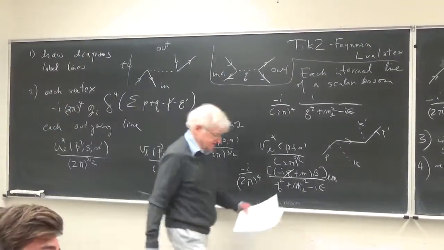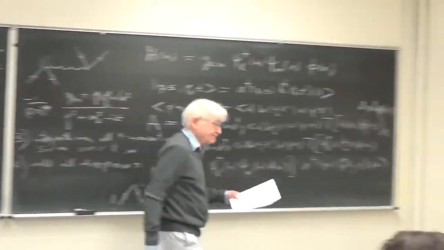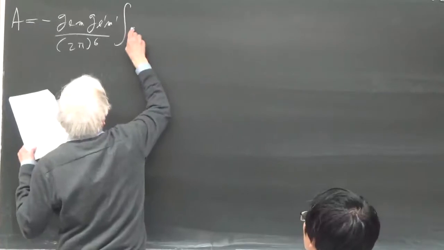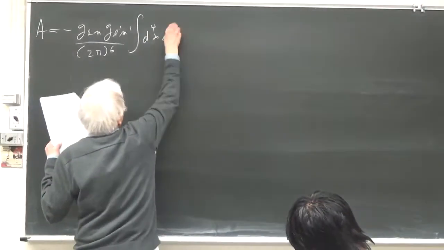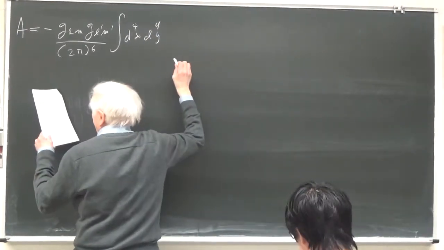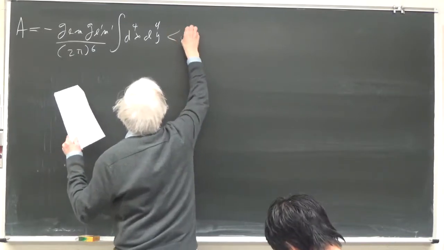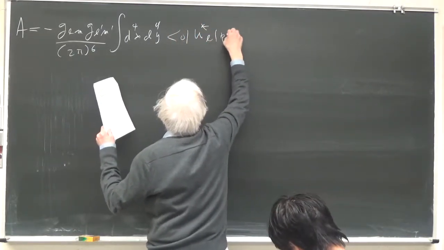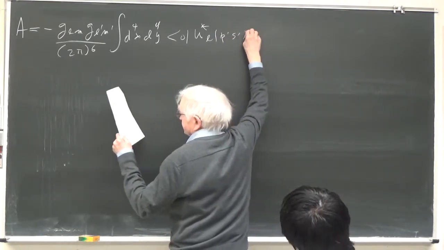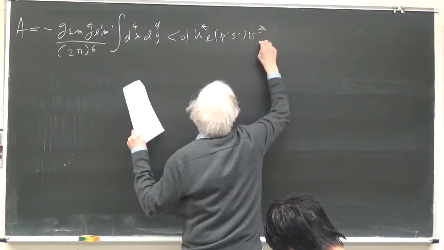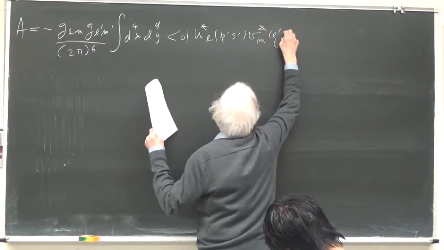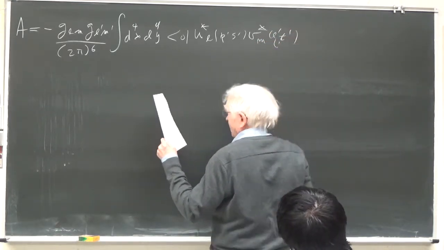That's 2 pi to the 6. And then you've got this integral d fourth x, d fourth y, u star L of p prime s prime, v star M, q prime t prime.